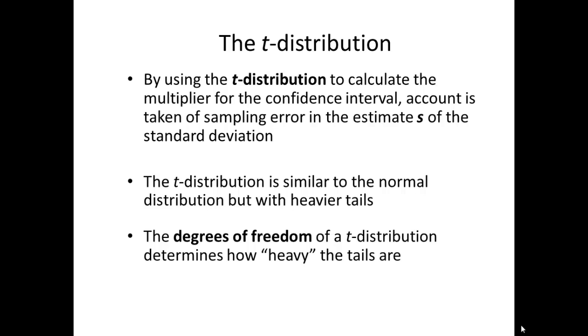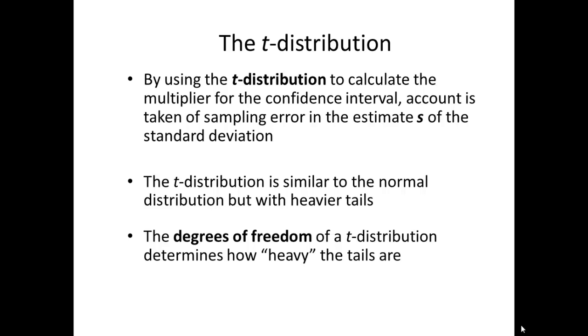So remember we said that when sample sizes are small, we use a t-distribution to account for the sampling error in the estimate of the population standard deviation, because we need that population standard deviation to estimate our standard error. The t-distribution is similar to the normal distribution in that it is symmetrical around the mean, but it has heavier tails, as you will see in a minute.